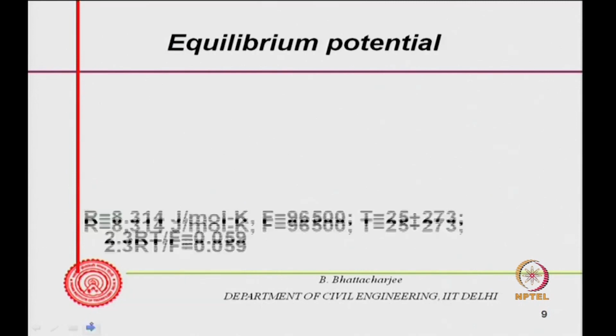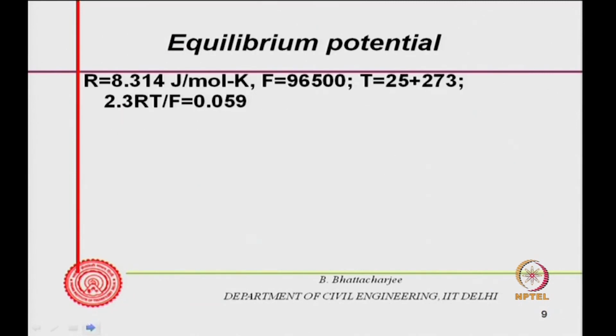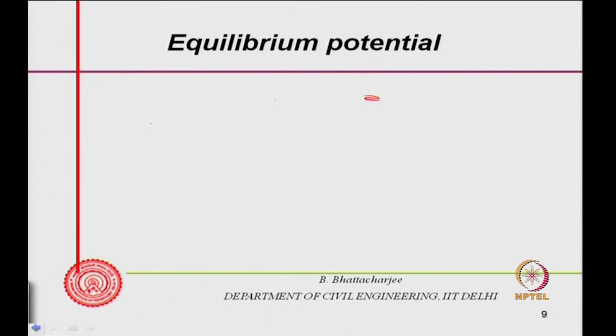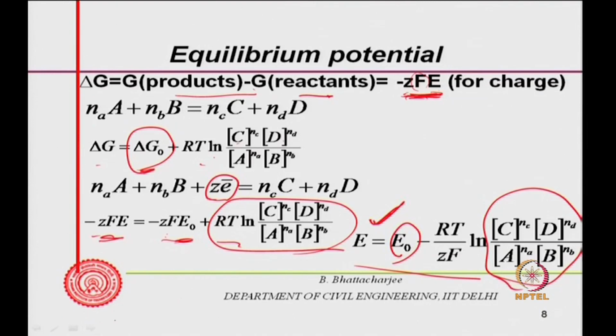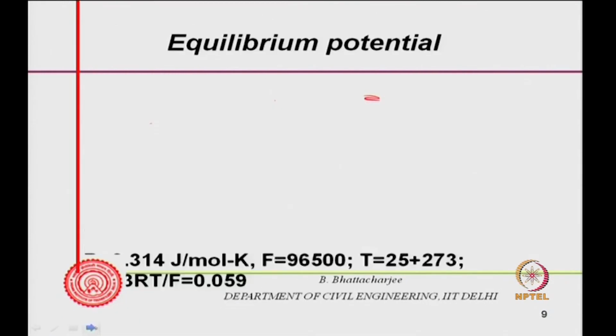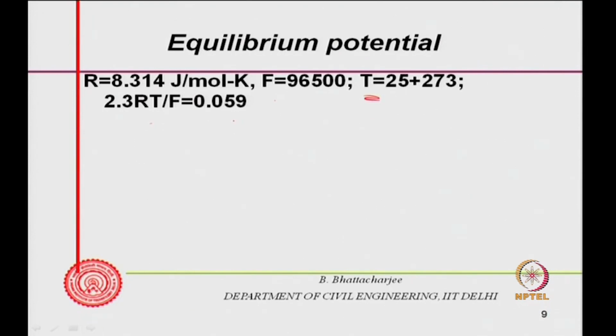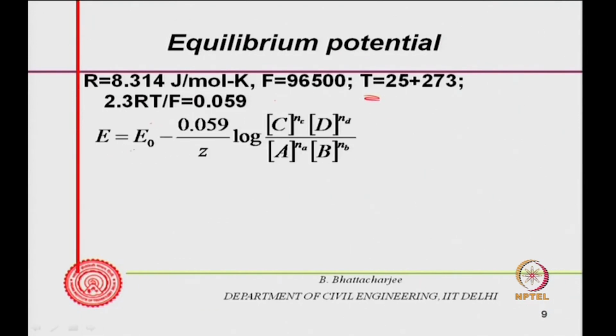For example, if I have R, F and temperature T, it was RT divided by ZF. So, 2.303, because ln can be converted into log. RT by F is 0.059, and I can write the expression as E equals E0 plus 0.059 by Z times this.